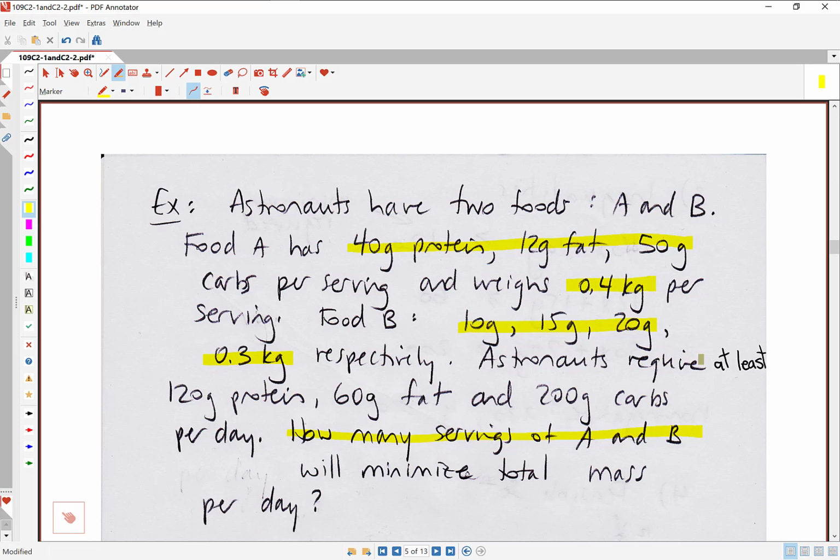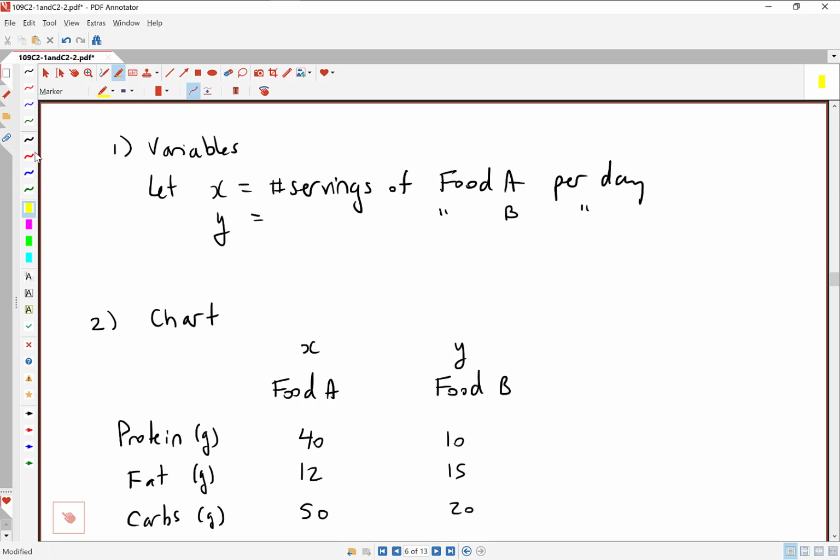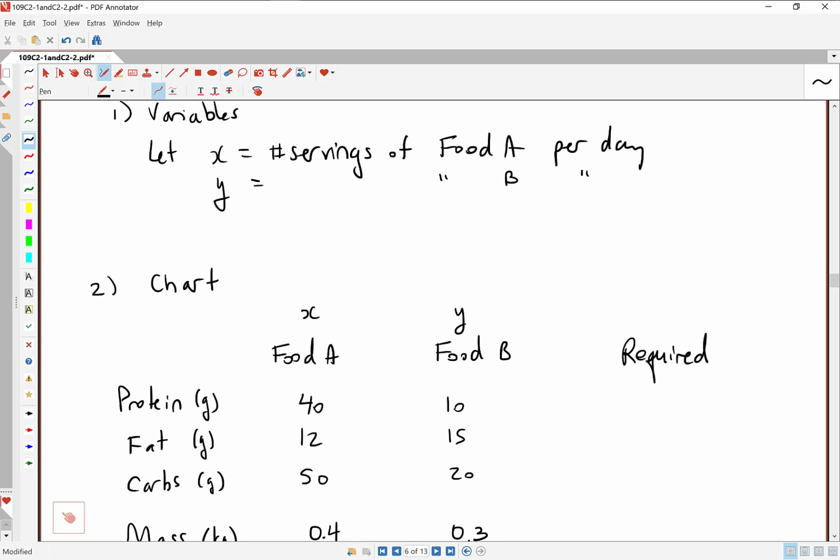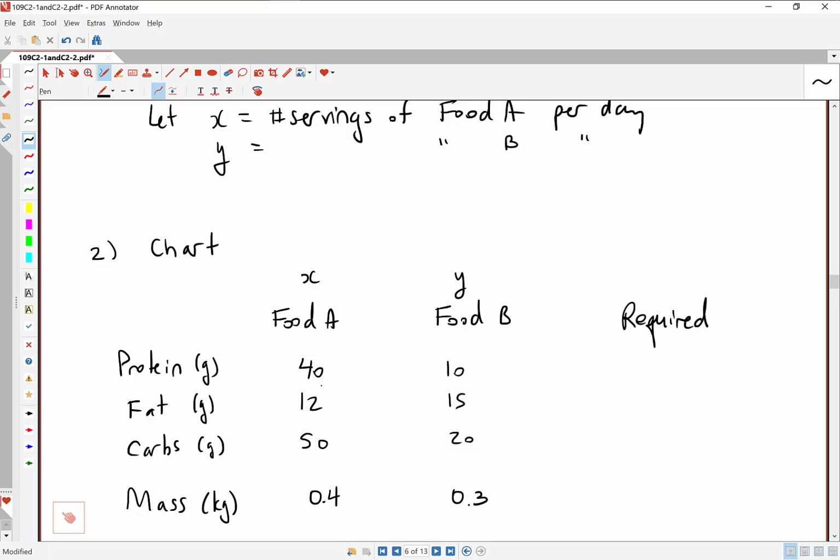Okay, and let's see what else we were told in the question. We're told that astronauts require at least a certain amount of protein, fat, and carbs. Okay, so we're going to need to figure out where to put that in our chart. We're going to put that into a column. So we're going to say required. And it makes sense that that should go into a column because basically this is where our inequalities are going to come from.